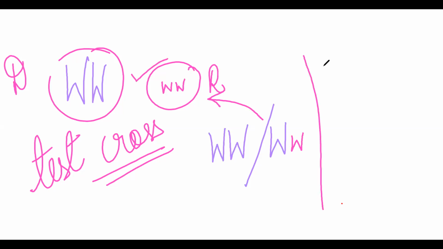So in the first case, the genotype of the unknown is capital W capital W and we always select the recessive one. When this is crossed, we will always get capital W and small w, right?